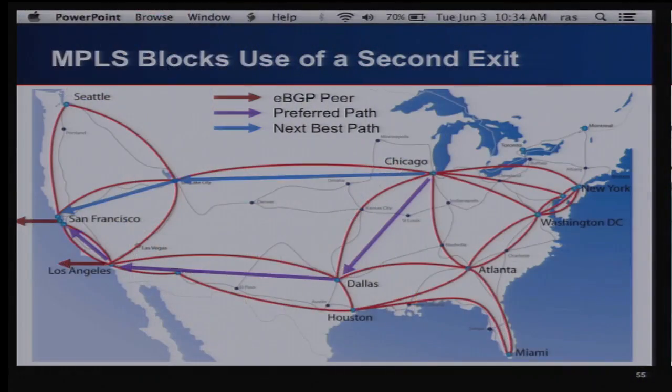There was a NANOG presentation that Tom Scholl and I did a few NANOGs back. You can go find it in the archives, where there was a theory proposed about taking this type of architecture and extending it all the way out to the layer 3 edge. So for example, you might be able to do a kind of reservation system looking at your egress capacity. So you might say, if I have capacity to this peer in San Francisco and capacity in Los Angeles, I'm actually letting RSVP know that the exit that it wants, the final destination, only has 5 gigs of remaining bandwidth available to this peer.